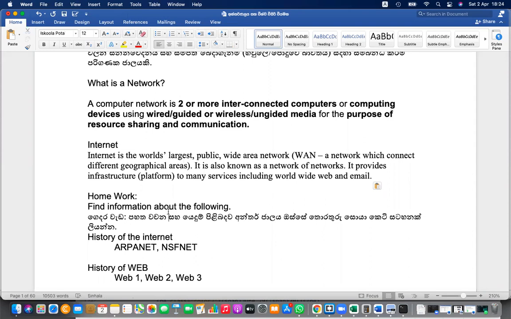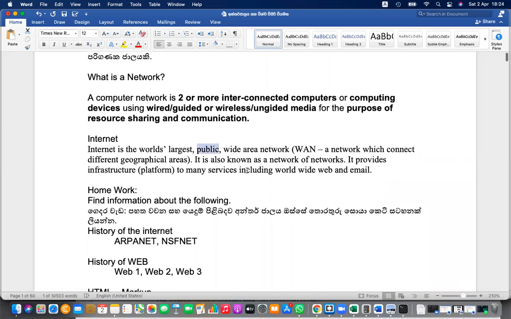Okay. The internet is the world's largest network, and it is public, owned by everyone. That is why, in the Russian and Ukraine war, no one can stop the internet. They can stop a service. Maybe they can ban Facebook or stop Twitter, but they cannot stop the internet. It belongs to everyone.